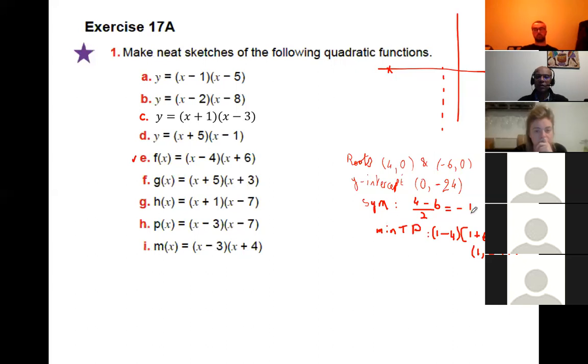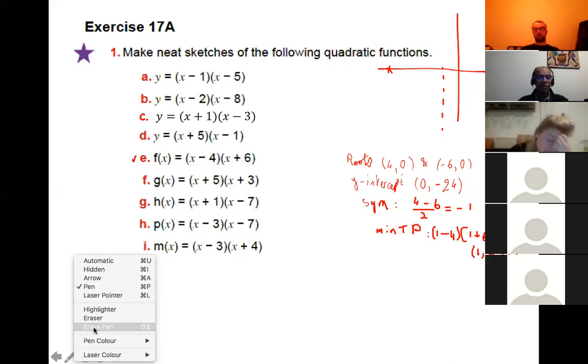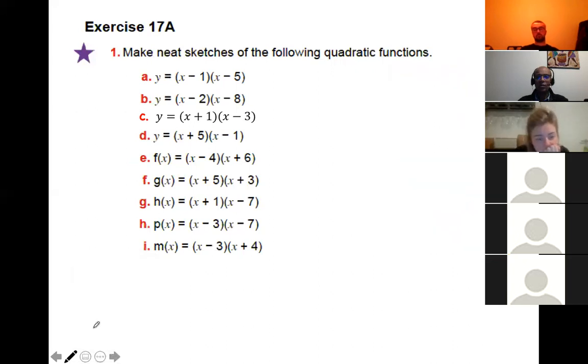That should have been x equals, symmetry is -1. I made a mistake here. Oops. Oh no. I'll tidy that up, but it was -1. Can I do undo? Not sure, can I?